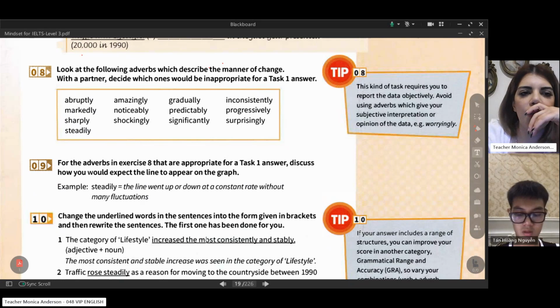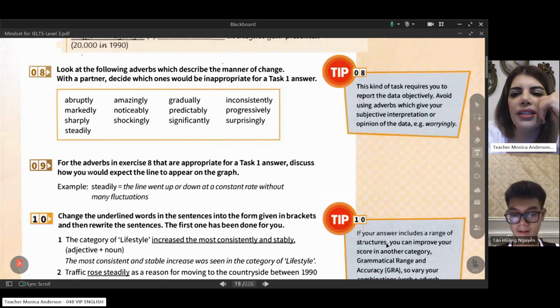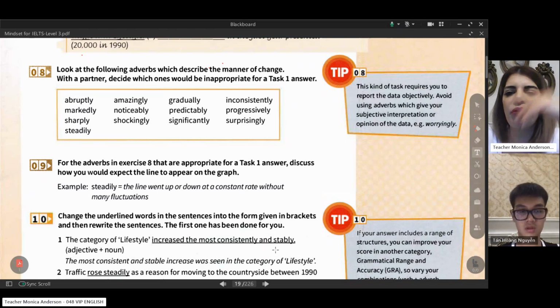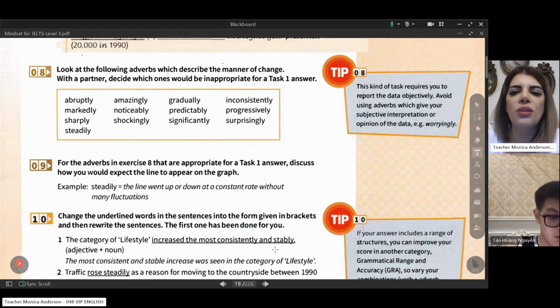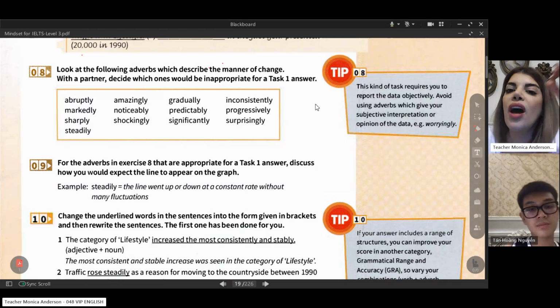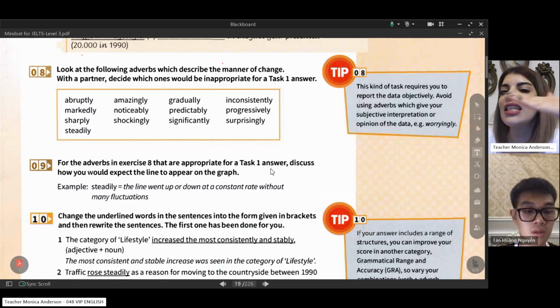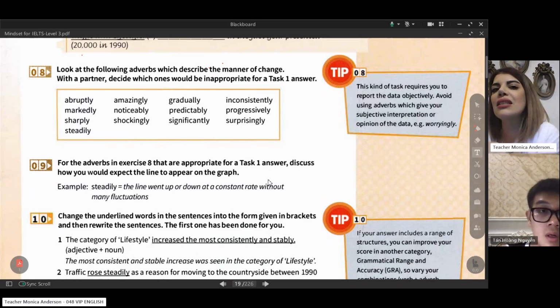Well, so we talked about abruptly, markedly, sharply, fast and dramatic, actually abruptly and sharply, both of them. And noticeably, when the change is clearly visible, you can use this. And progressively, when the change is slow and consistent.